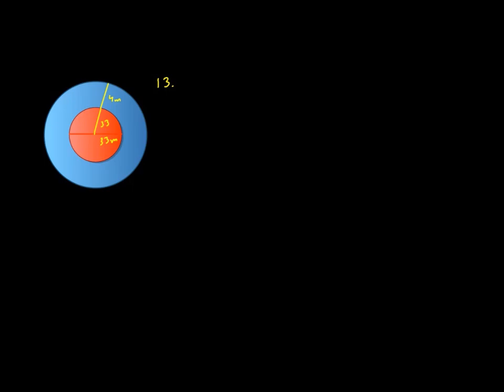We want to find the area of this blue colored region, which means we will find the area of the outer circle. From this, we'll subtract the area of the inner circle to get the required area. So area of the outer circle, outer circle means whose boundary is outside.